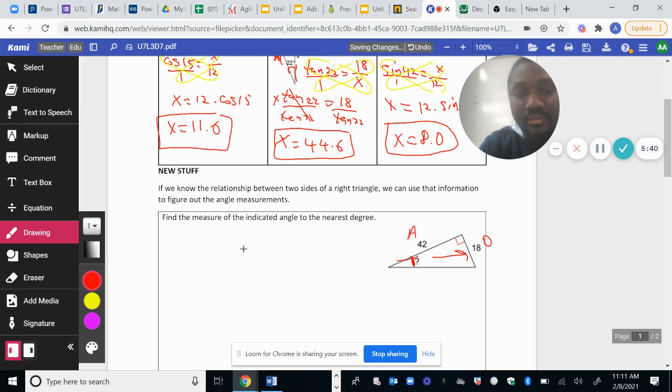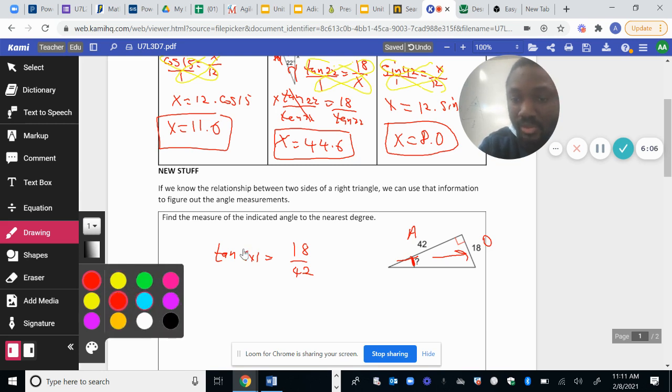The only thing that gives you O over A is tan. So you're going to use tan of question mark, or X, I'm going to call it X, equals opposite 18 over adjacent, which is 42. And the next thing to do is just to take the tan inverse of this.